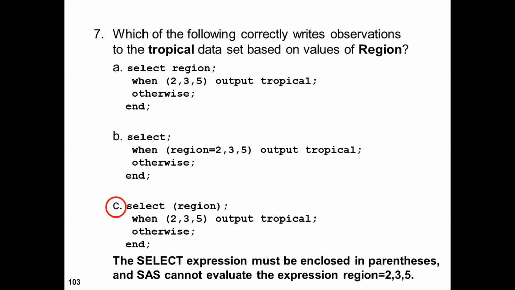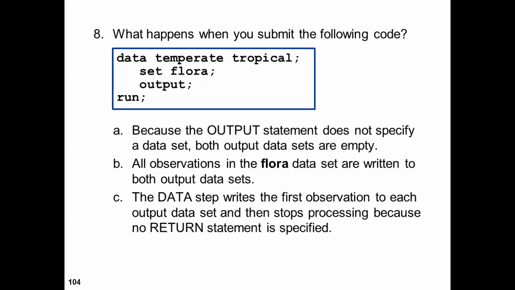What happens when you submit the following code? We have discussed this output recently, about region missing value.